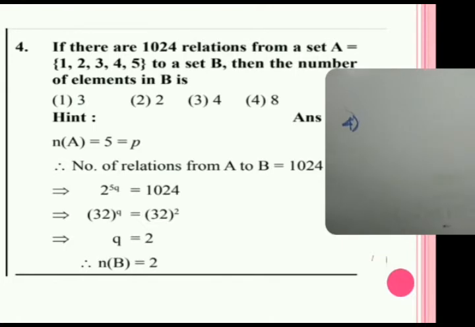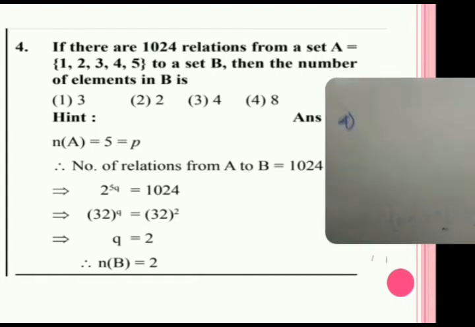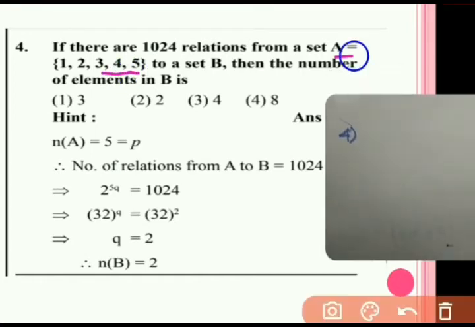Question number 4. If there are 1024 relations from set A is equal to {1, 2, 3, 4, 5} to a set B, then the number of elements in set B. So A set elements are 1, 2, 3, 4, 5. n of A is equal to 5.